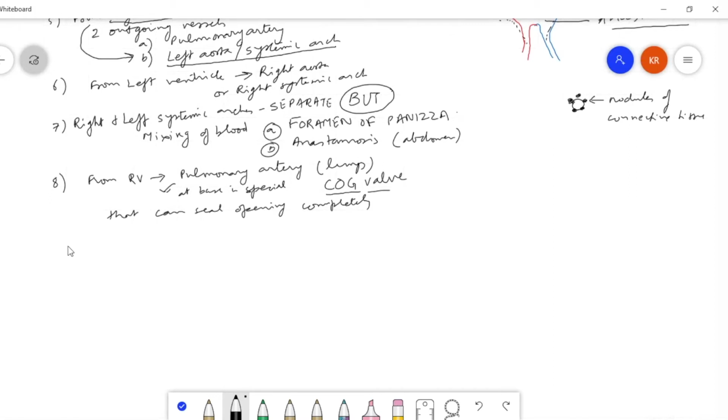Now let us see the conditions. That is three conditions.